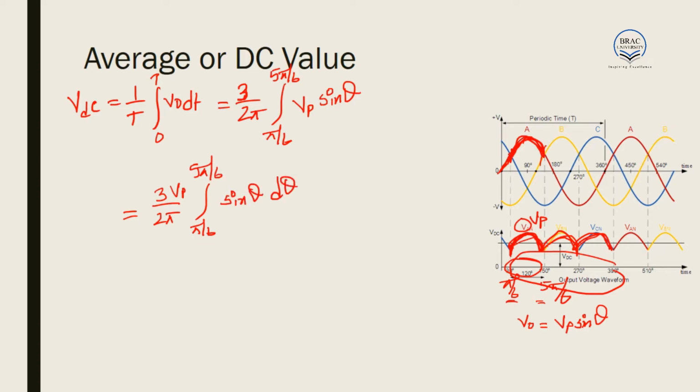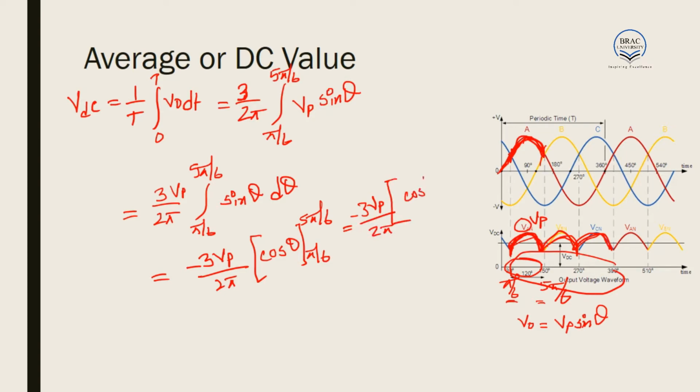sine theta d theta. Now the integral of sine theta is minus cos theta, so we get minus 3 Vp by 2 pi cos theta from pi by 6 to 5 pi by 6. If we modify it, we get minus 3 Vp by 2 pi times cos 5 pi by 6 minus cos pi by 6.